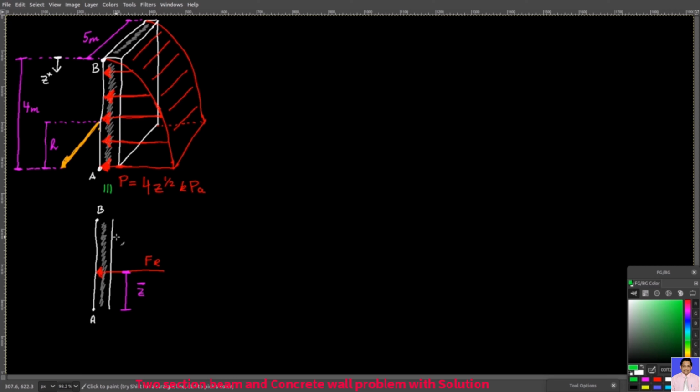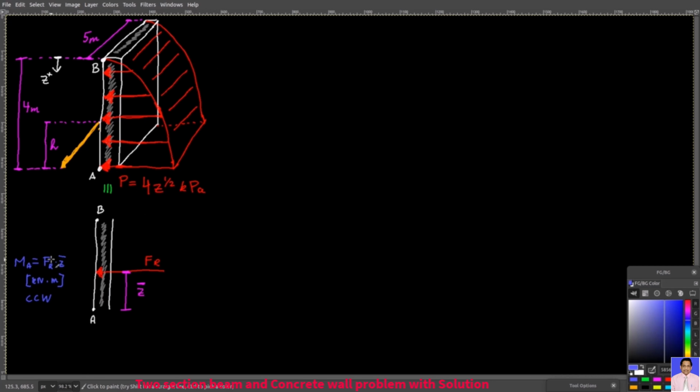That means that the moment that this distribution of force causes about point A is equal to the moment Fr times Z bar. It will be in kilonewton meters and counterclockwise. And it makes sense because the force distribution and Fr at Z bar are absolutely the same for rigid bodies.